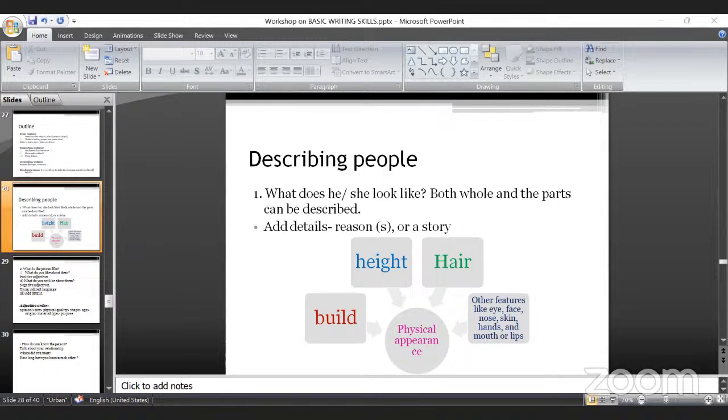For all of this, you will actually have a good list of words. I'm not using them because then there'll be a tendency to learn them as such. It's okay if you have a list, but don't try to learn them by heart and then use them. What you can do is write down whatever you want and then look for a suitable adjective or word to fill its place.